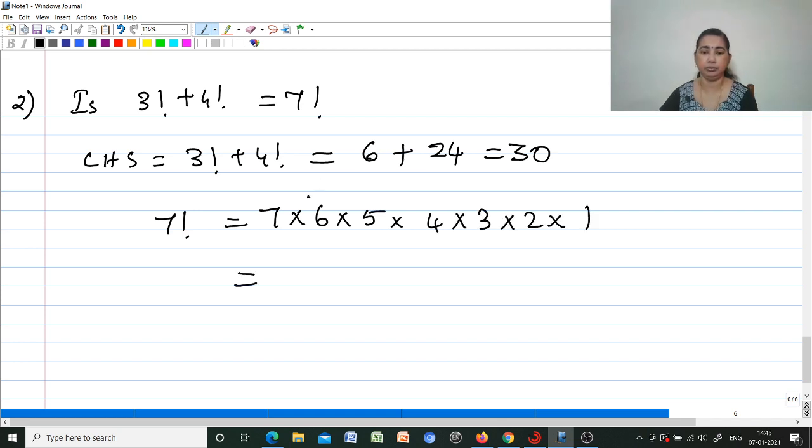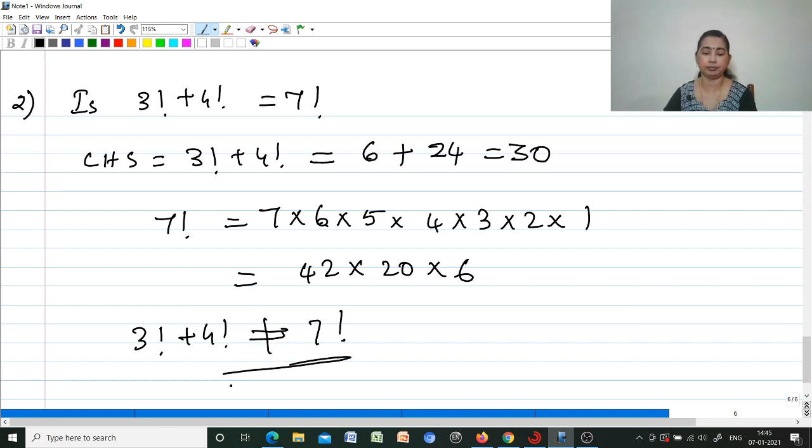That is equal to, here 7 6 are 42, 42 into 20 into 6. And we know that this is a much bigger value, it is not around 30, not equal. So, 3 factorial plus 4 factorial is not equal to 7 factorial.